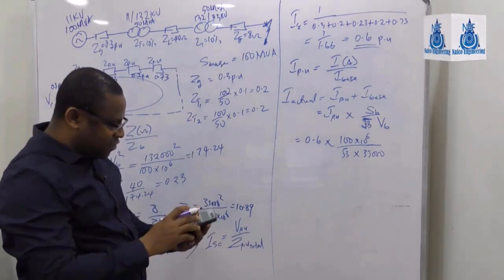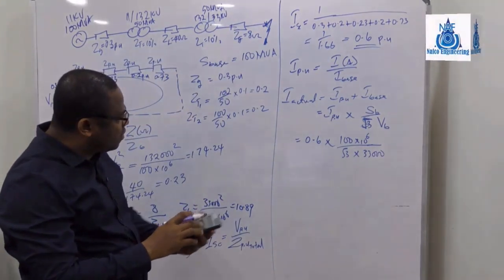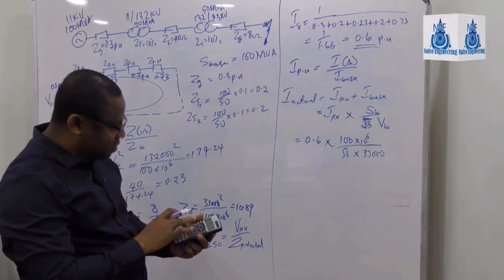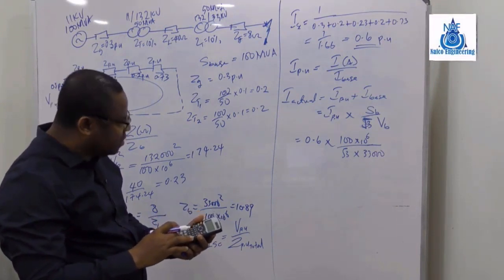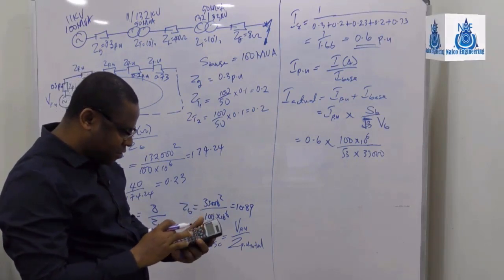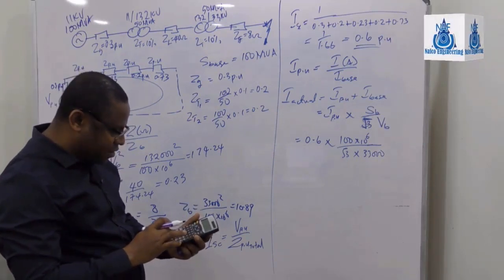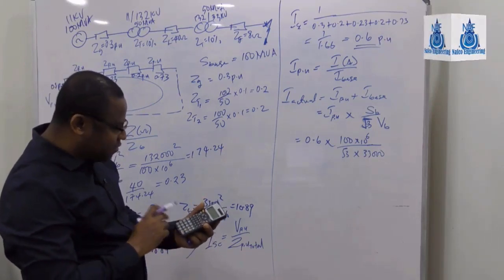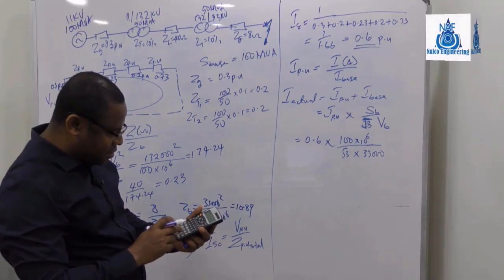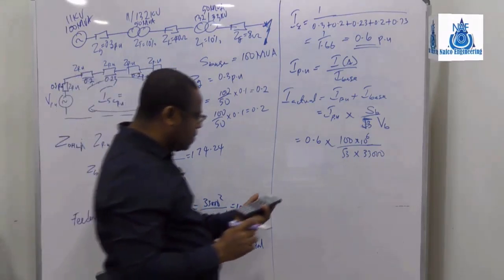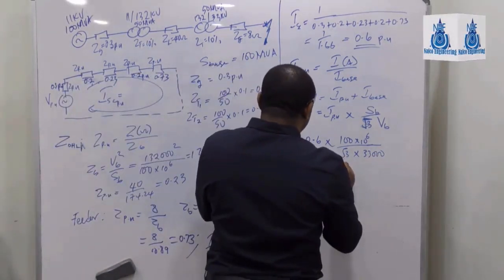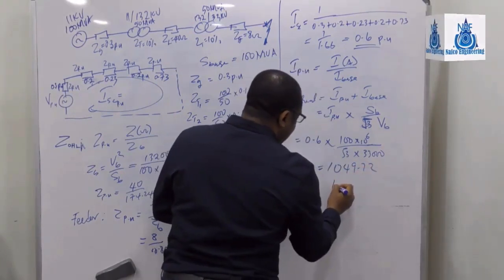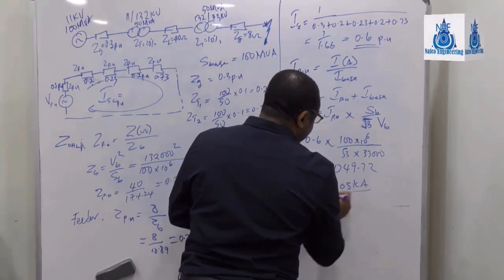Okay? So let's get that. 100 exponent 6, divide root 3, divide 33,000, times 0.6. That will give you 1049.72, which is 1.05 kiloamps.